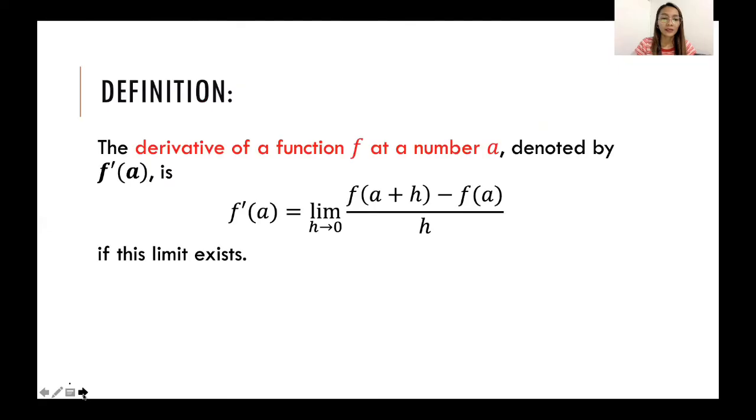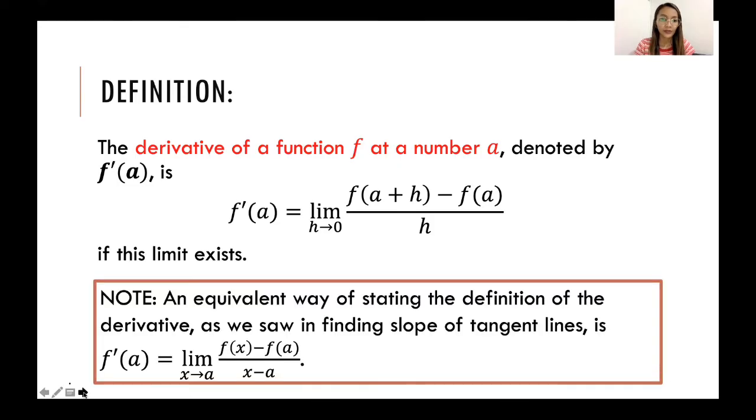So, the definition of the derivative of a function: the derivative of a function f at a number a, denoted by f prime of a, is equal to the limit of f of a plus h minus f of a over h as h approaches 0, if this limit exists. Therefore, pwede nyo din gamitin yung other definition in finding the derivative of a function.